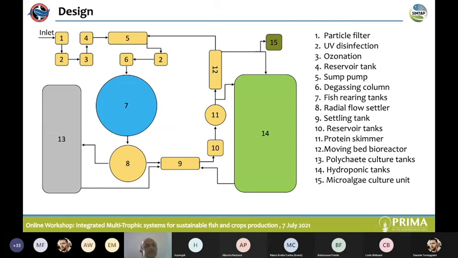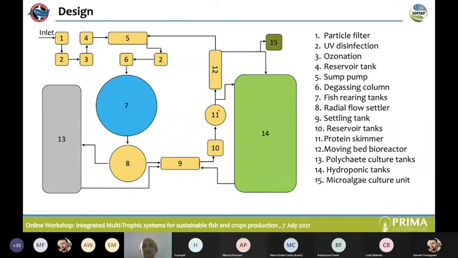The system is fed by full-strength seawater with a salinity of about 40 per thousand from the eastern Mediterranean Sea. The seawater was first filtered through a particle filter and then disinfected by UV irradiation, followed by ozone injection.